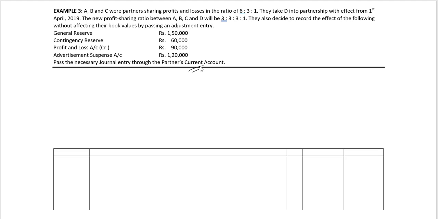So we need to use the second method to solve this problem. Let's begin with the working notes in the second method. Step 1 is to ascertain the net effect.